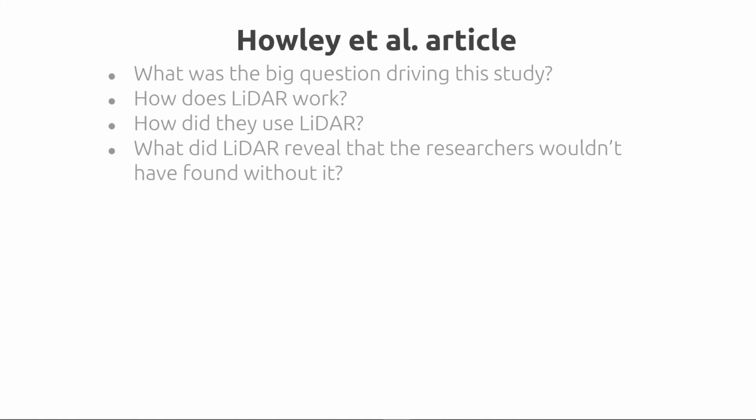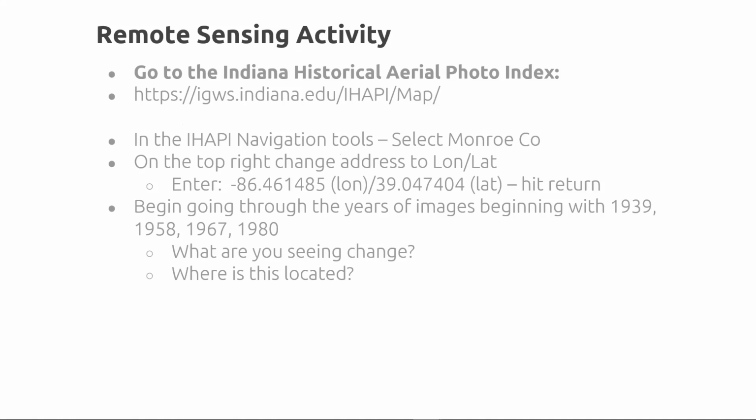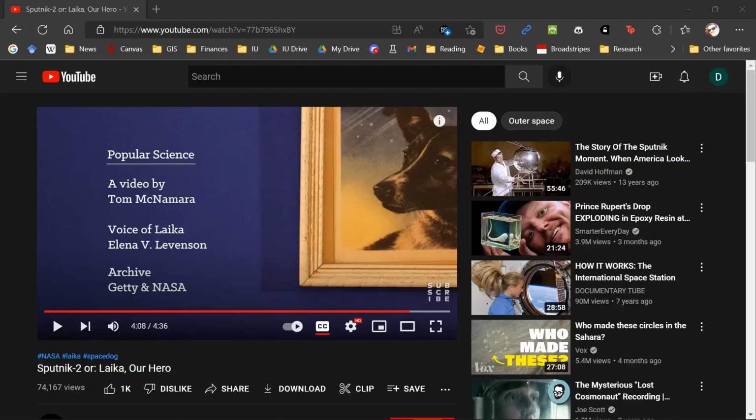I will post this on Canvas real quick because I forgot to do that before class. I want you to go to Indiana Maps, which is essentially a mapping software tool run by Indiana University and the government of Indiana, in conjunction with each other. Let me pull that up real quick.